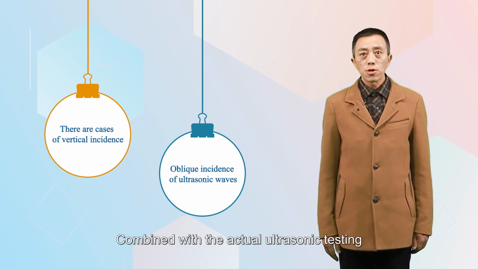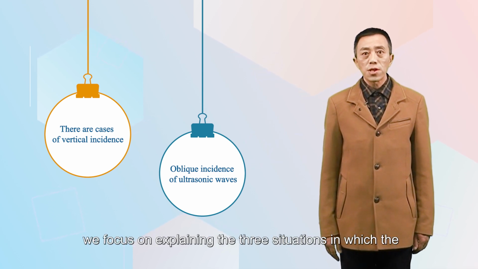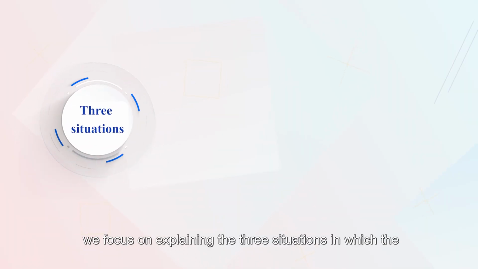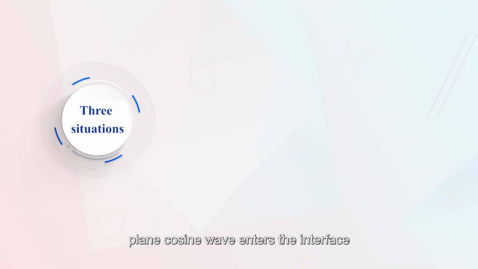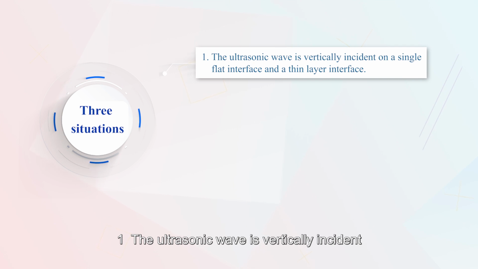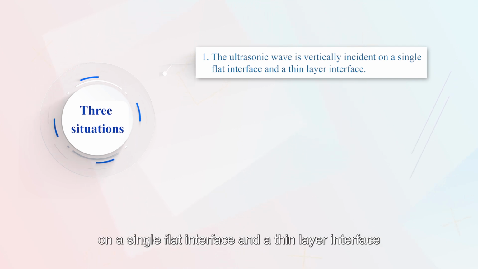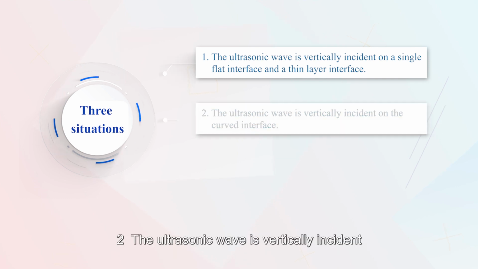Combined with the actual ultrasonic testing, we focus on explaining the three situations in which the plane cosine wave enters the interface. 1. The ultrasonic wave is vertically incident on a single flat interface and a thin layer interface. 2.